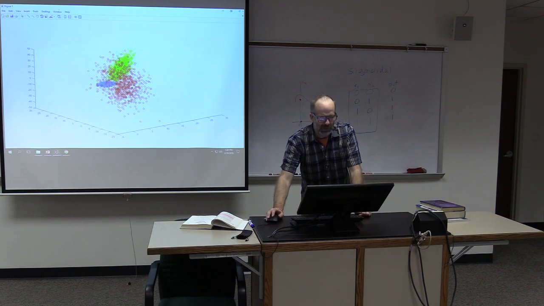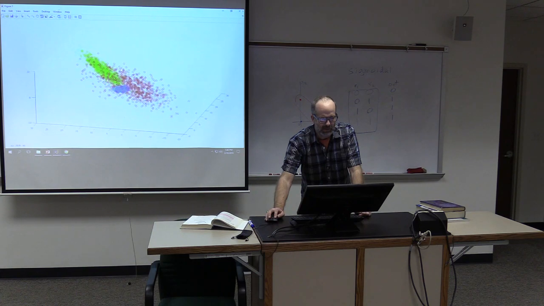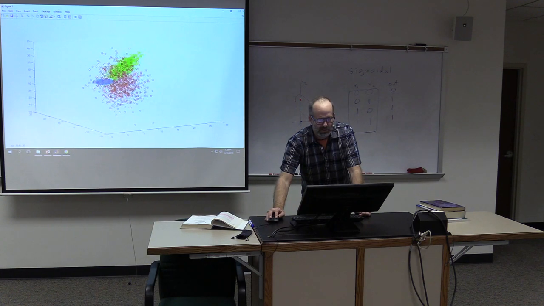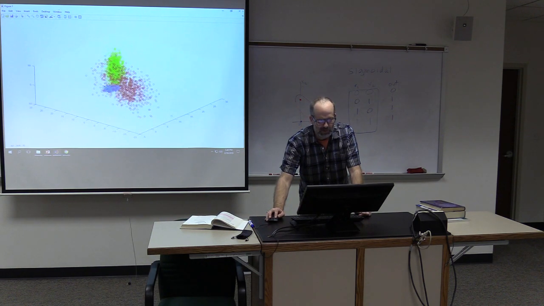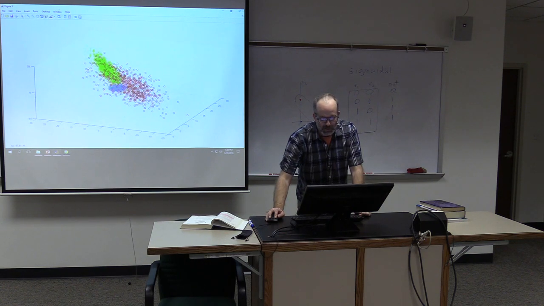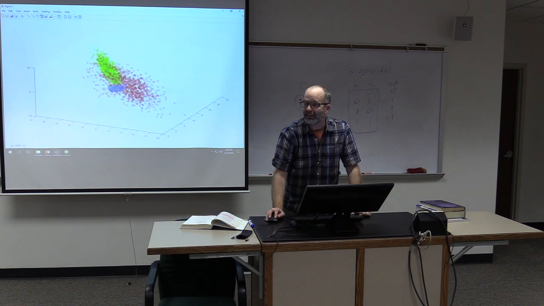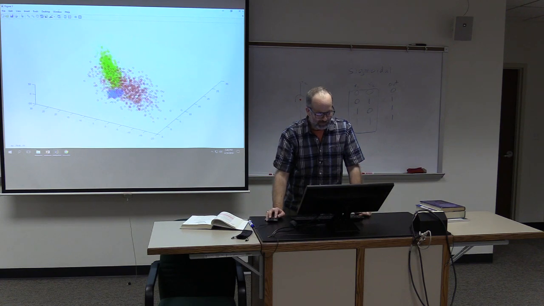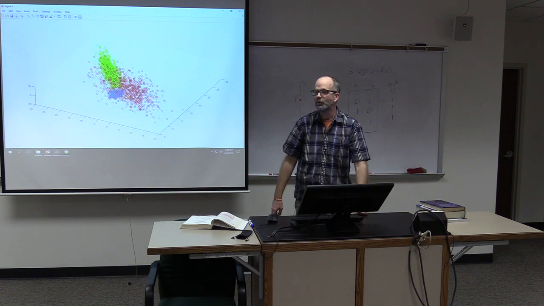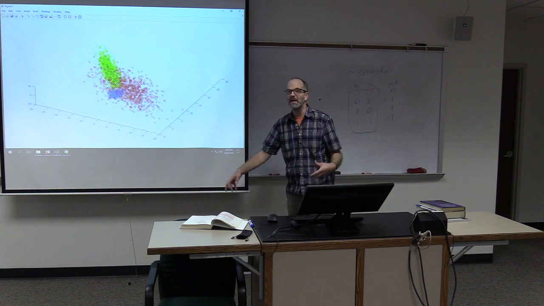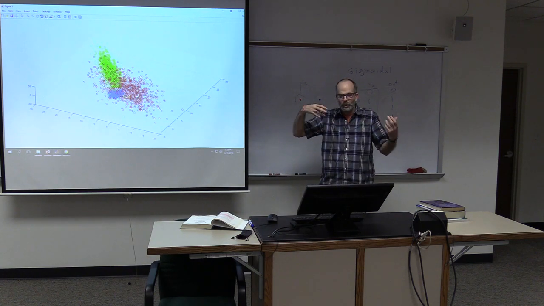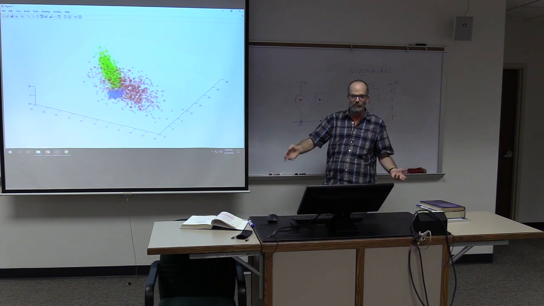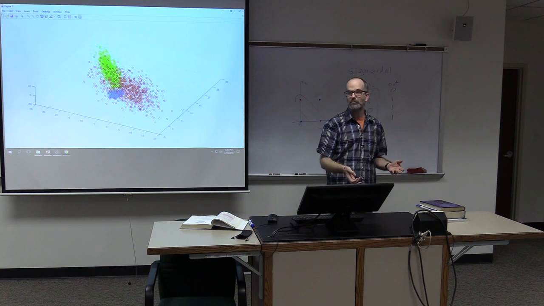If you're one of the green things, you're out here. And if you're one of the blue things, you're down here. A nice thing in MATLAB is that you can grab this 3D rotational tool and look around to see where stuff is in 3 dimensions. That's kind of nice. But there are some problems with this data as far as trying to break out who's who, right? Because that's my pattern recognition problem. I want to know who's a green, who's a red, who's a blue.